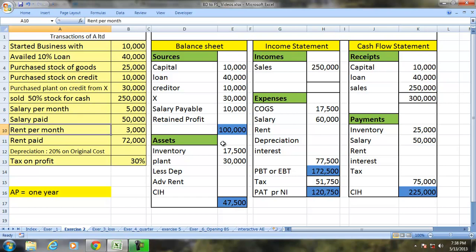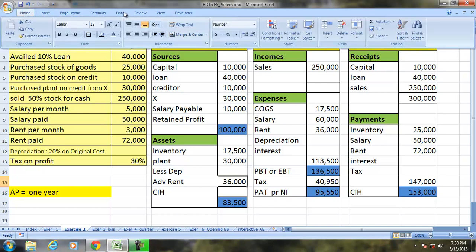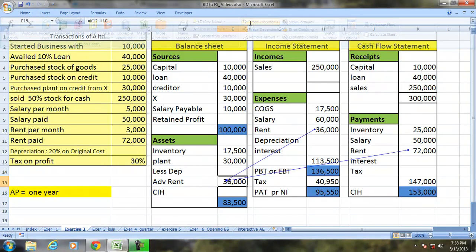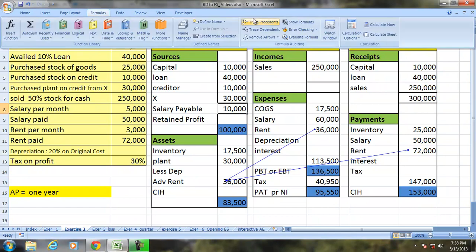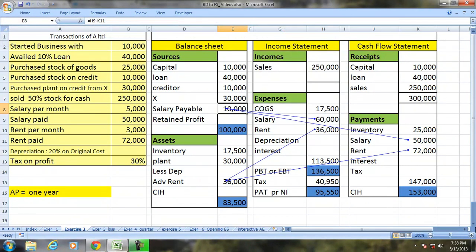Whereas in case of rent, the rent for the year is 3,000 into 12, 36,000, but the rent that has been paid is 72,000, so there is an advance rent of 72,000 minus 36,000, that is an asset. Now we can see that the advance rent is an asset and outstanding rent, the salary, is a liability.